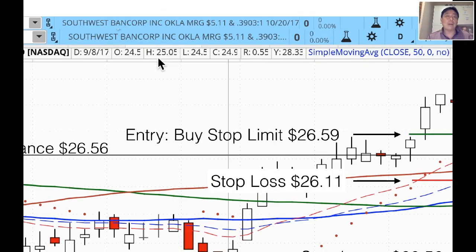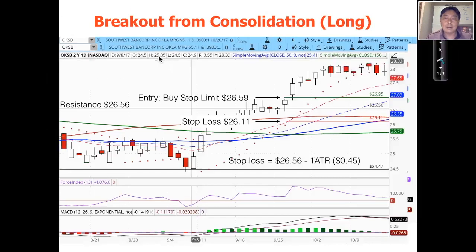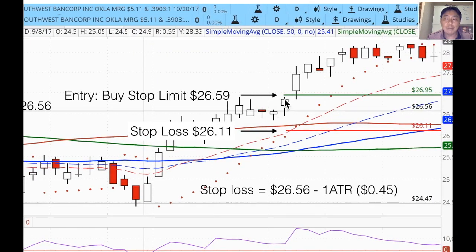Okay. Now don't look at this figure, because this figure is one that was captured. You have to look at the one which you are looking at. So we place our buy order just above the high of this candle. I can't remember what the high was, okay, but you put 3 cents above the high.